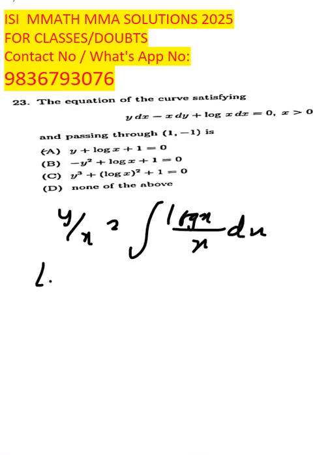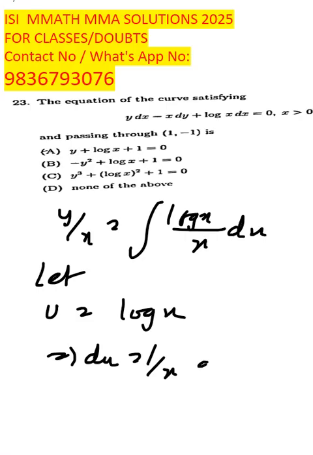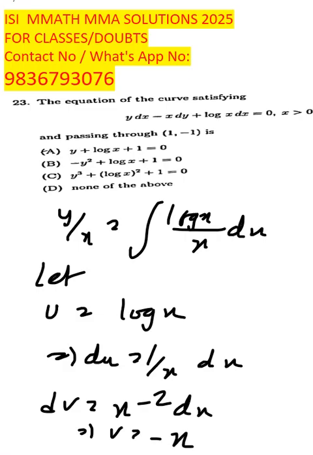So integration by parts, let u be log x, or du is equal to 1/x dx, and dv is equal to 1/x² dx, or v is equal to -1/x.